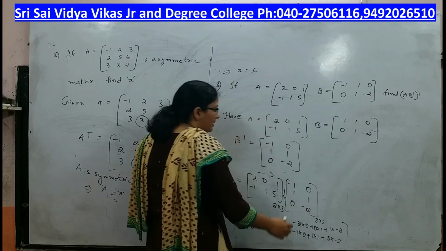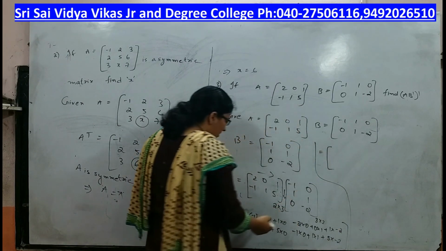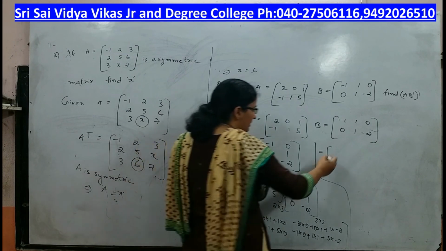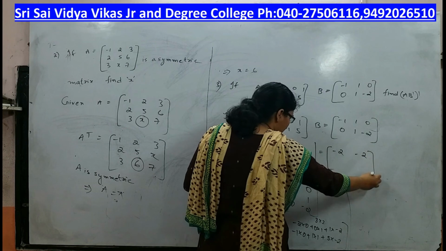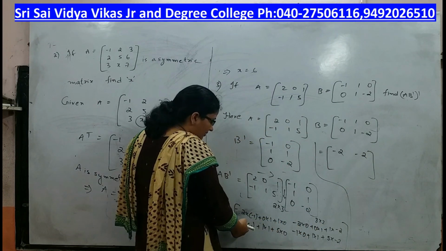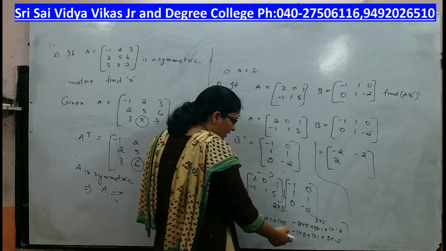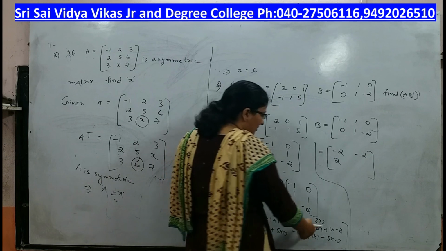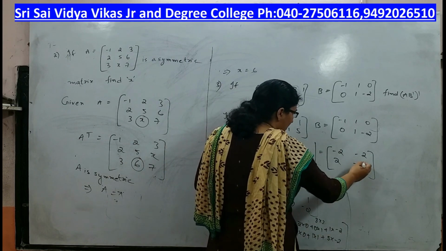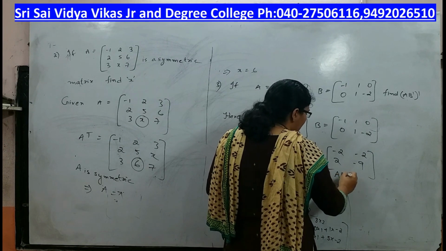This is what you have. So that is equal to: here you get minus 2, here you get 1 plus 1, 2, here you get 0, and 1 minus 10, which is minus 9. This is A into B transpose.